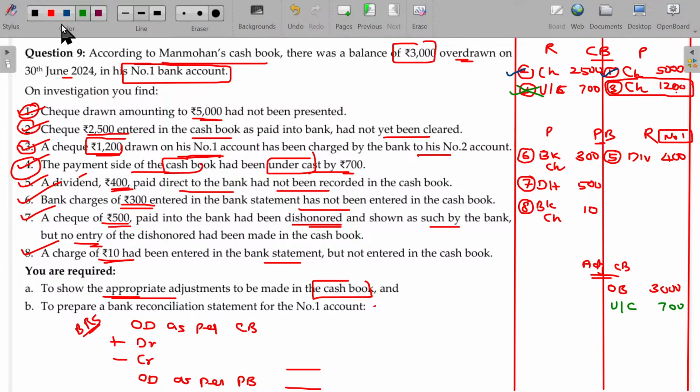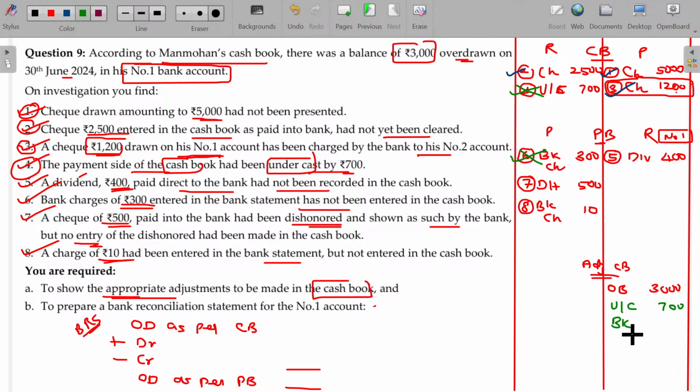What about this check, sir? This will be part of BRS item. BRS item, banker's error. We have done properly. Okay, 1200 is a banker's error. Bank charges, I have to now post that in the payment side.